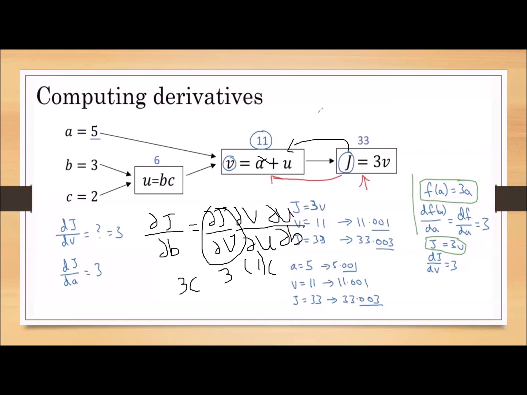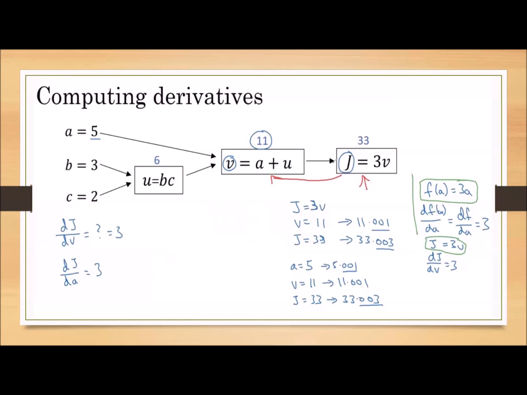This is how we calculate how j is affected whenever I change a, and whenever I change b. In neural networks, we perform this by going one step back at a time, which is why we call it back propagation.